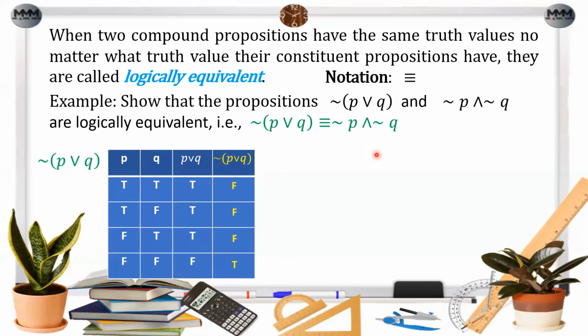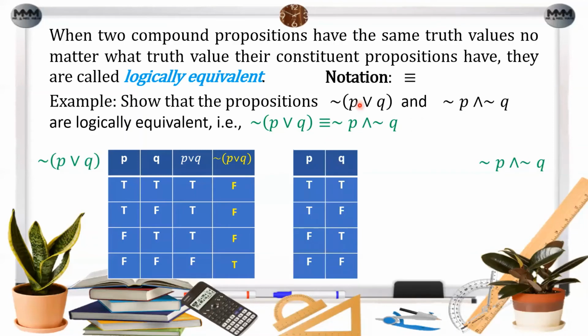Now, next, we will construct a truth table for this compound proposition on the right side. So here we go. Again, we will consider two propositions here, P and Q, because it's in the given. So P and Q, we have all these combinations of truth values.